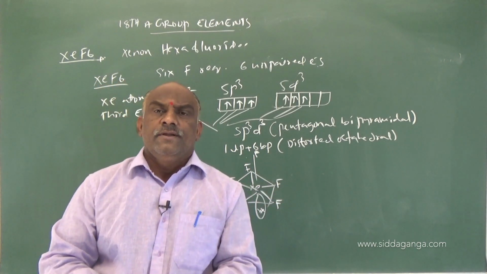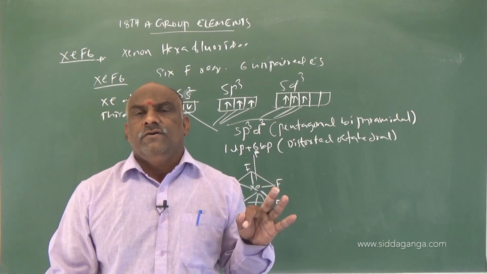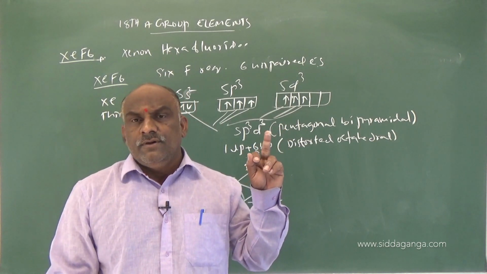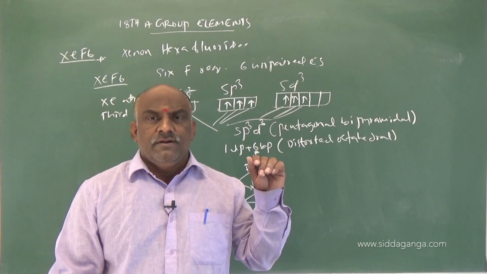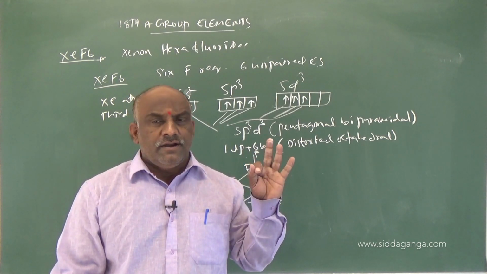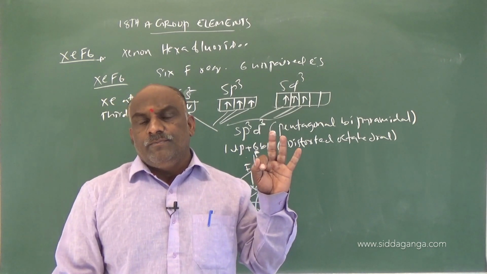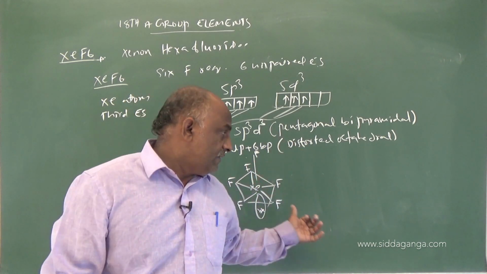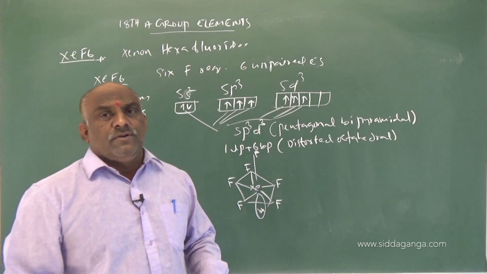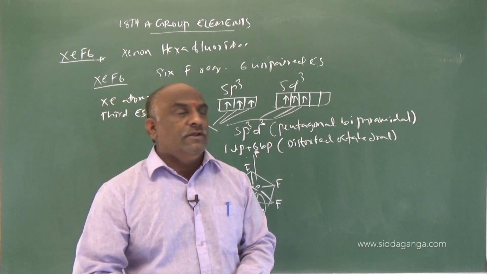So here xenon difluoride, xenon tetrafluoride, xenon hexafluoride. Difluoride sp3d, tetrafluoride sp3d2, hexafluoride sp3d3. Difluoride linear, tetrafluoride square planar, hexafluoride actually pentagonal bipyramidal, but it is distorted octahedral due to the presence of one lone pair of electrons.